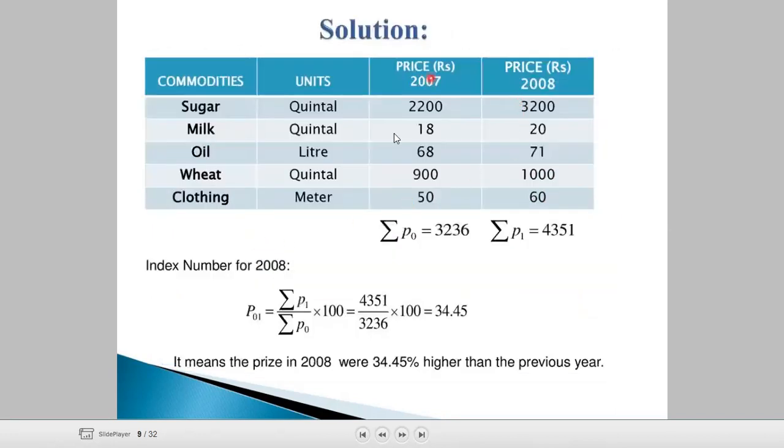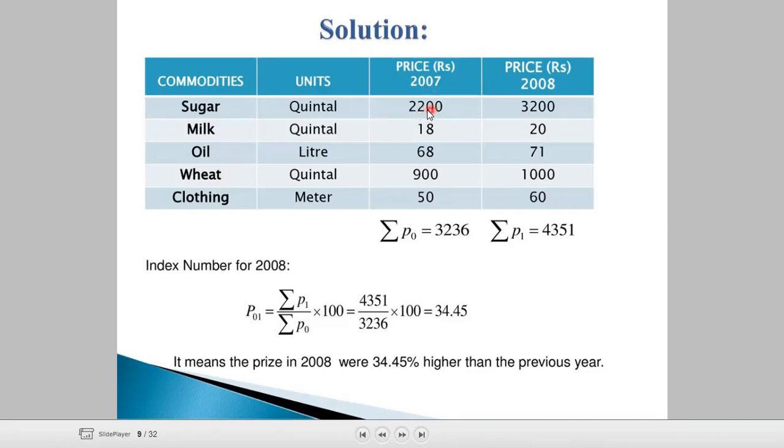Now, the same is used here in the form of a solution schedule. What we have to do is take out the sum total of the prices of various items for the period of 2007.